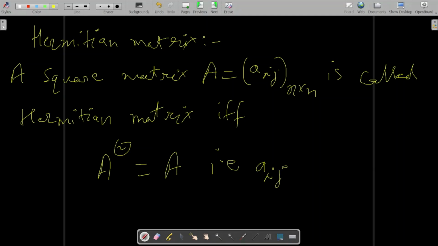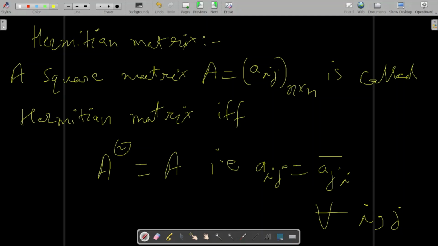Which is the same as Aij equal to Aji conjugate for all i comma j. This is by common sense, because you will first take the conjugate and then you will take the transpose.